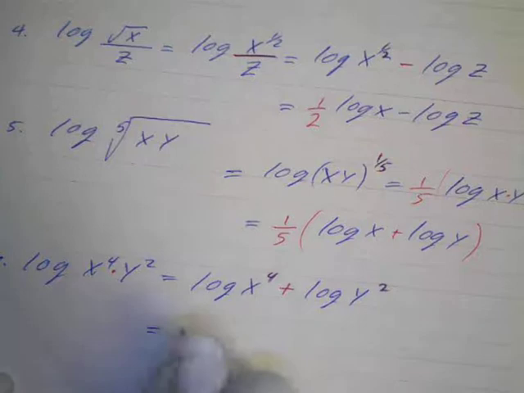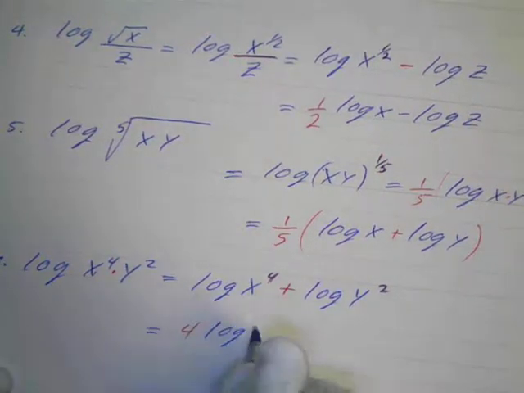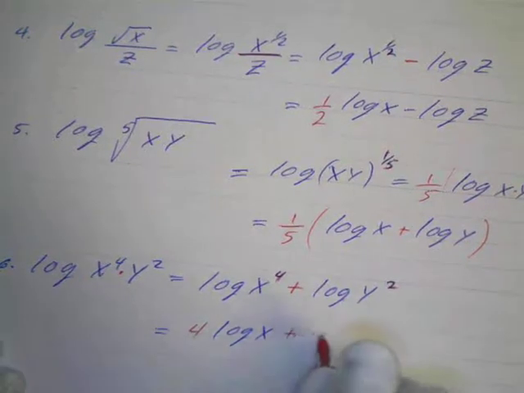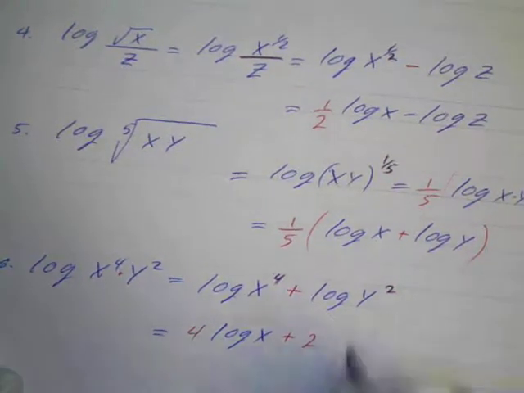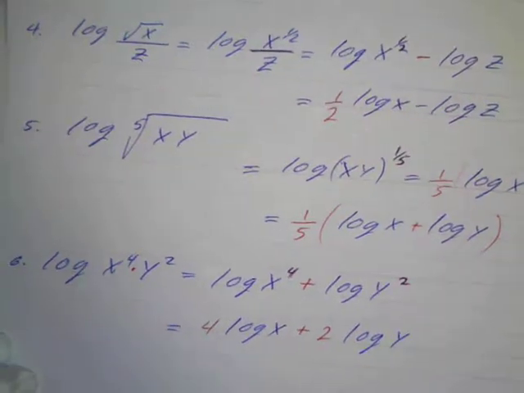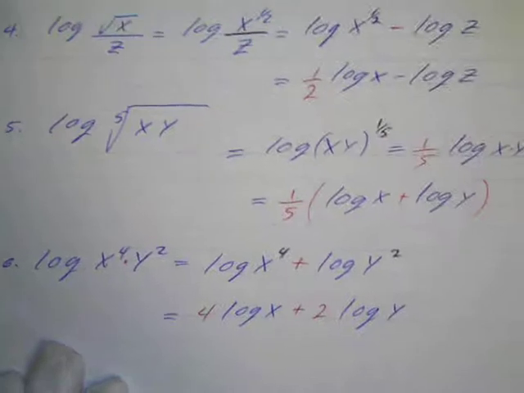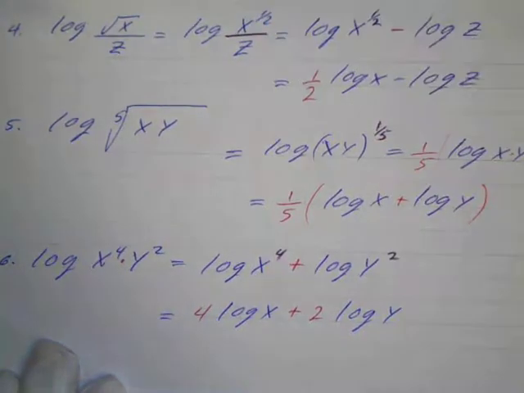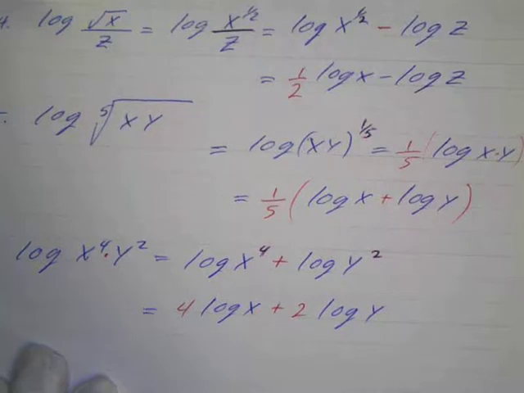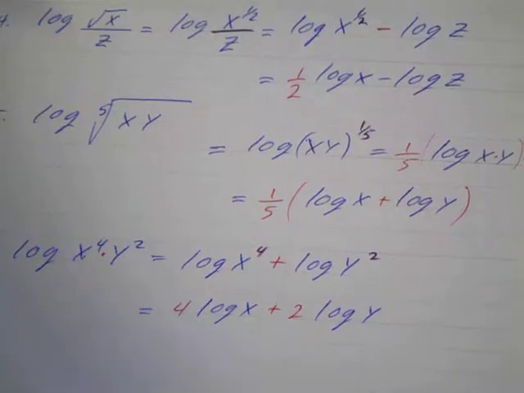And we can put this 4 in front: 4 log of x plus 2 log of y. And there you go. So there's 5 and 6. If you got those both right, give yourself another 2 points. Okay, and then we'll finish this up on our next video.